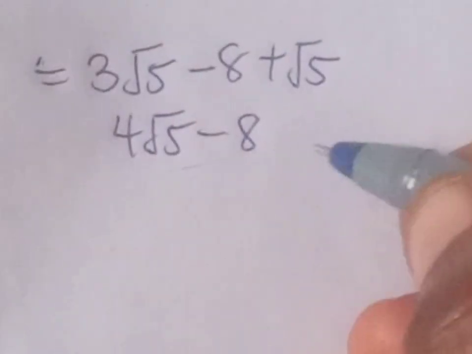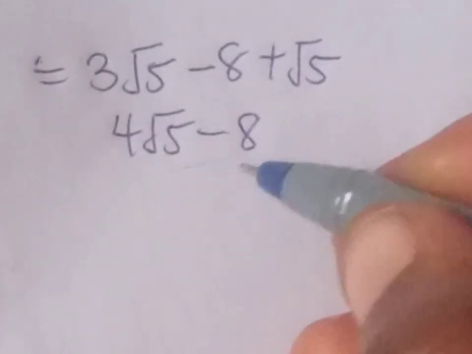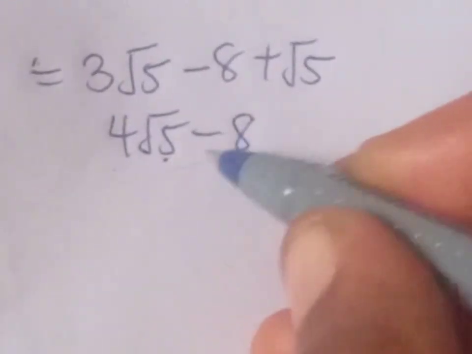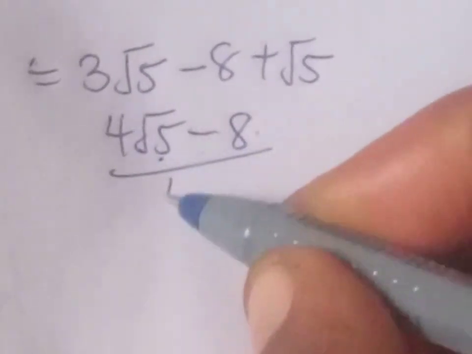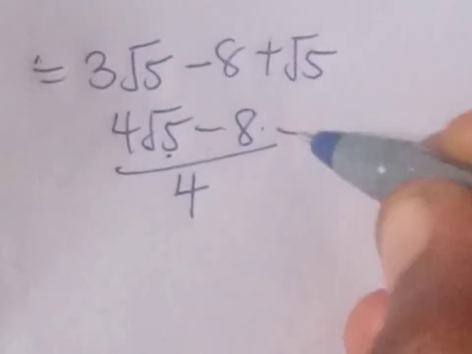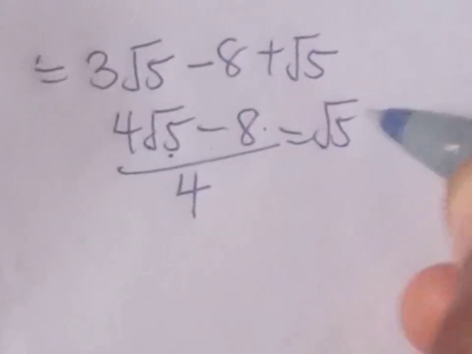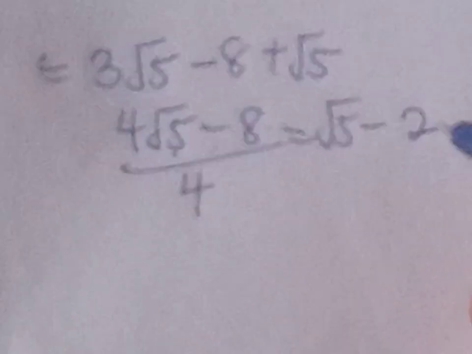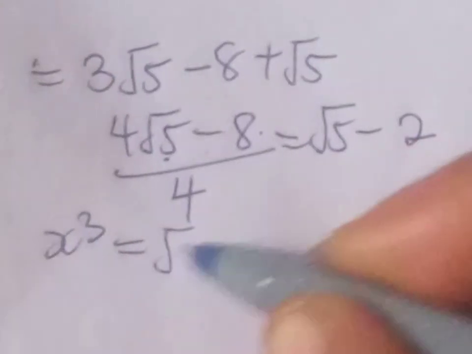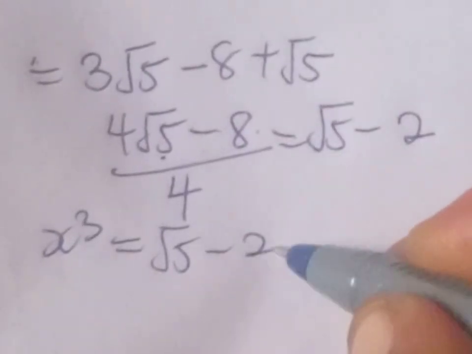The denominator is 2, so 2 times 2 equals 4. So x cube equals 4 root 5 minus 8 divided by 4. Let's divide, which will give us root 5 minus 2. So our x cube equals root 5 minus 2.